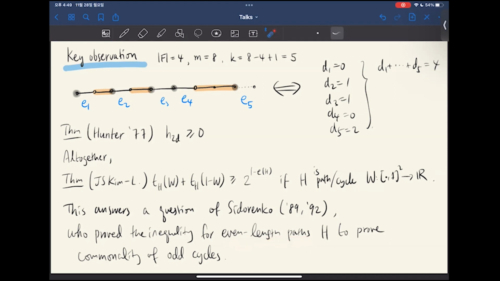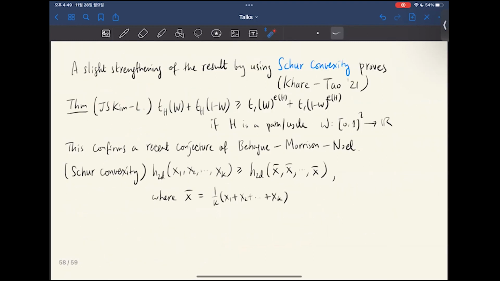Okay, so this is one application, and if I apply the more advanced Schur convexity of the complete homogeneous symmetric polynomials, then what I get is the following inequality. Here I replace the constant bound by a convex function of the H densities.